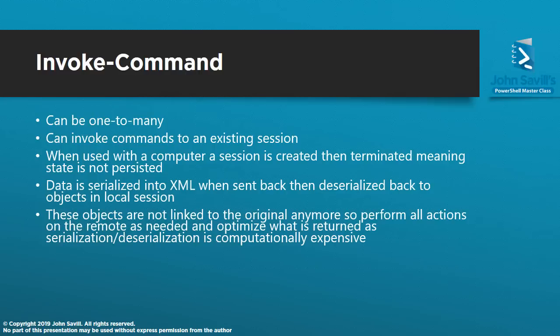Well, that applies here even more so. On the remote commands I send, yes, I want to filter as far to the left as I can within the remote commands, but even more so, filter what I'm sending back to my machine, because the more I have, the more it has to serialize to XML, send across the network, and then deserialize back into objects. So I want to be really careful how I do that filtering.